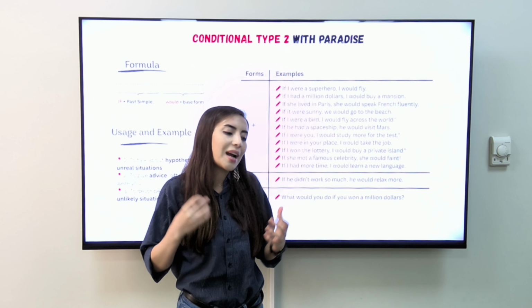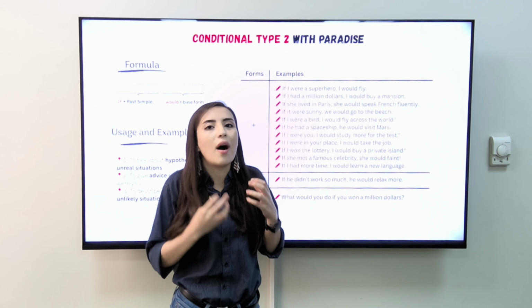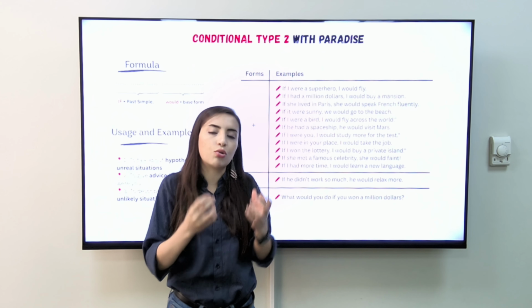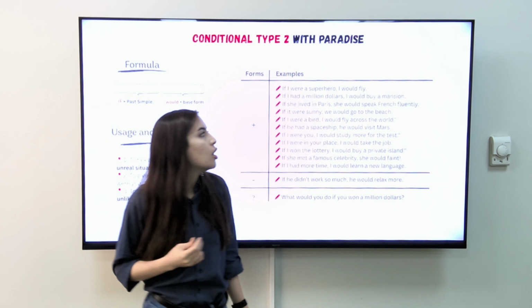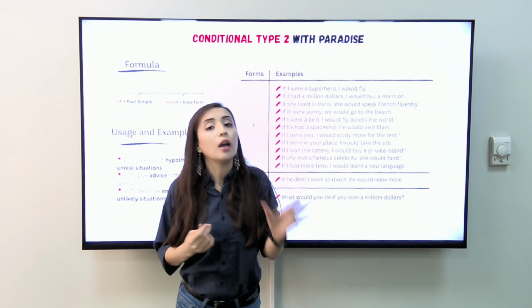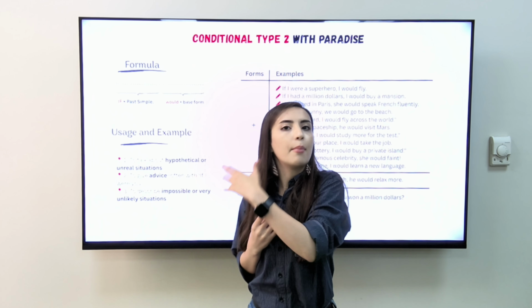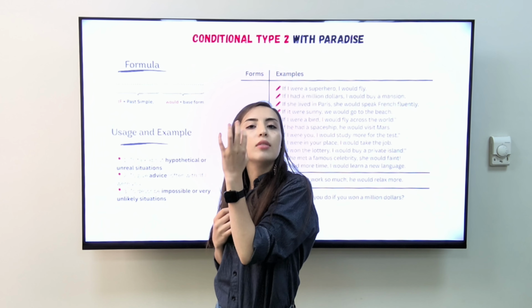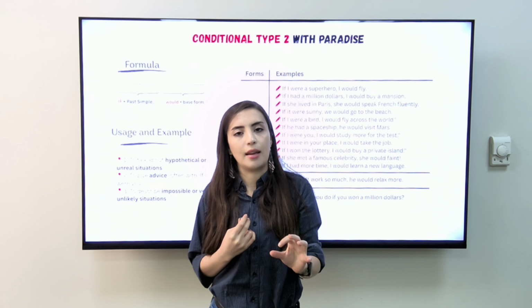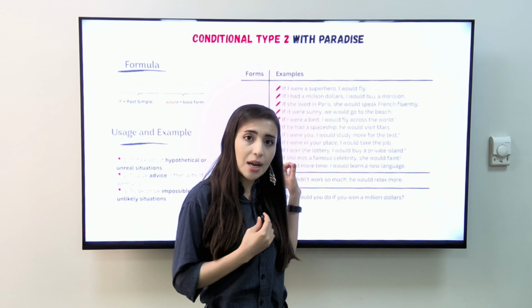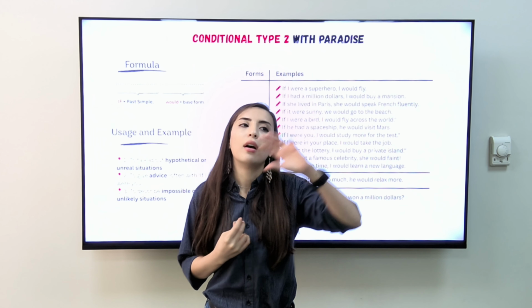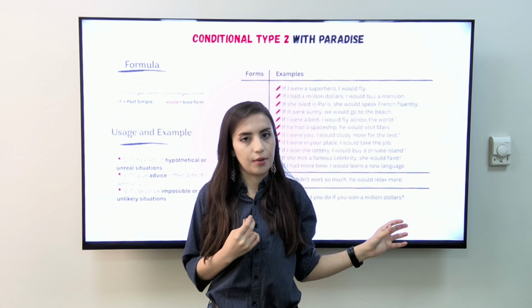And the more you practice it, the better you can make your own creative questions out of it. So this was conditional type 2, and I hope that with all this information and detail, you have a clearer understanding of conditional type 2 and the differences it has with the previous two types.